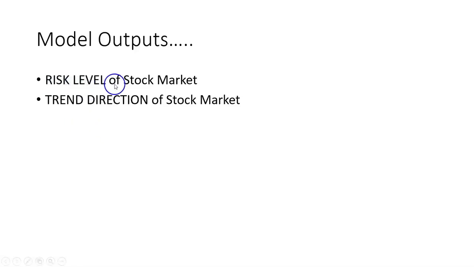On the backside, the model output is me understanding what the level of risk is in the stock market at any given point in time, and I understand the trend direction of the stock market. And guys, it is super powerful. When you understand what the risk level is and the trend direction of the market, you can make a whole lot better decisions about investing and whether to even be invested or not.